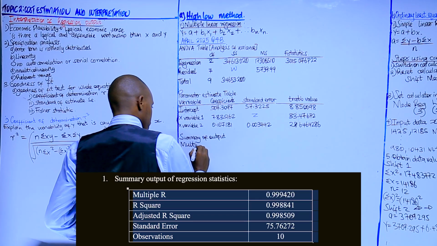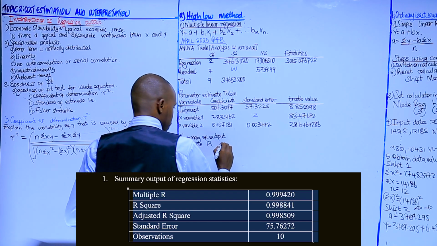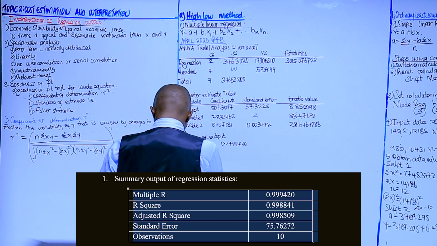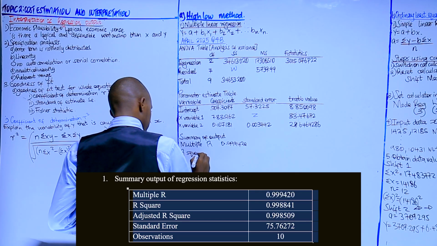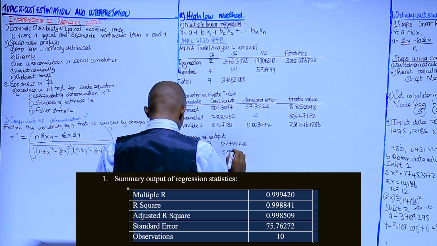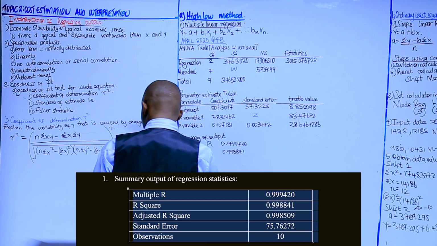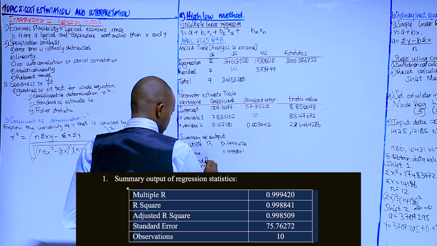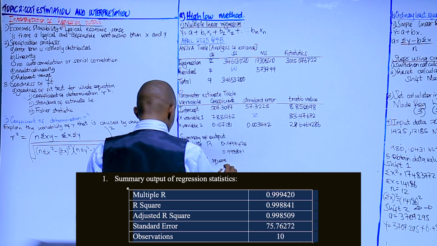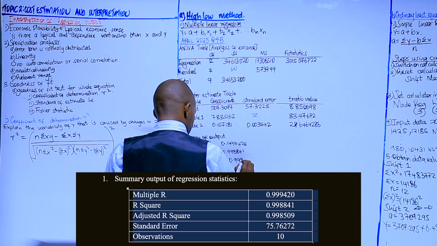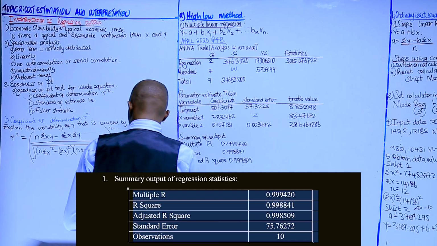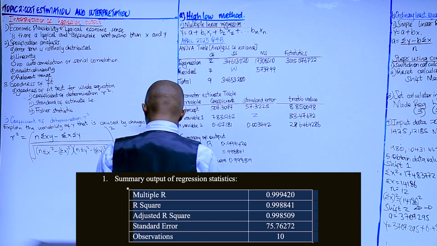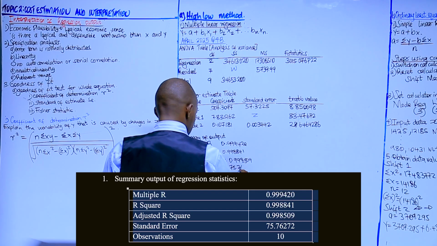Multiple R is 0.999420, R square is 0.998841, adjusted R square is 0.998509, standard error is 75.76272.